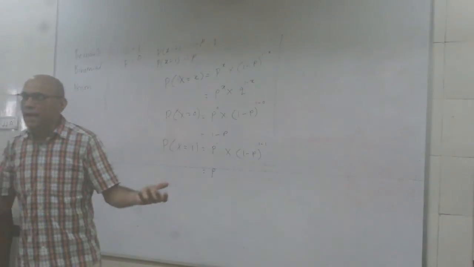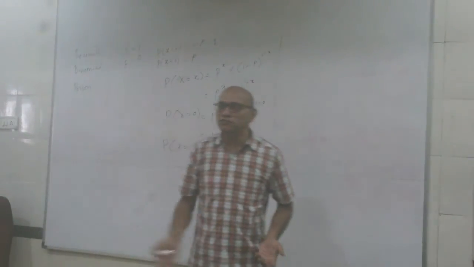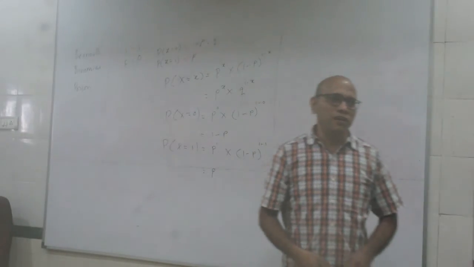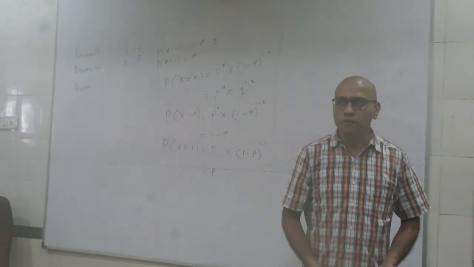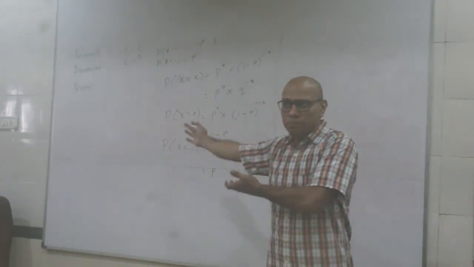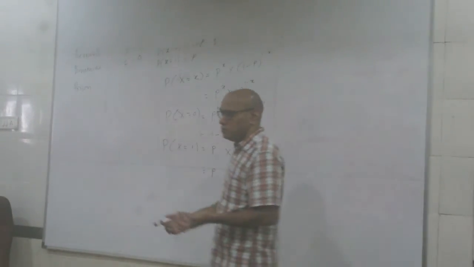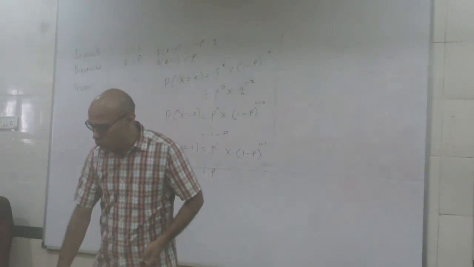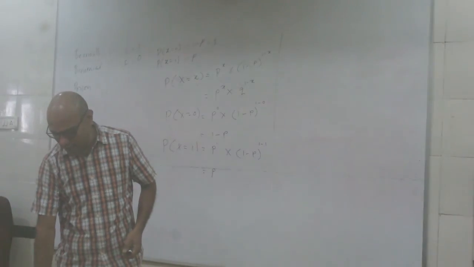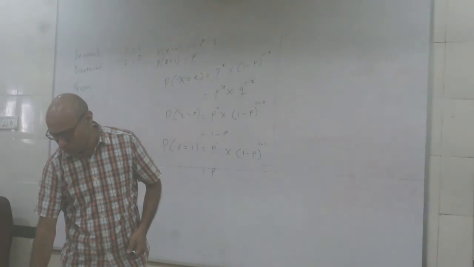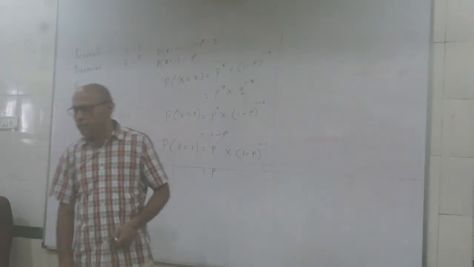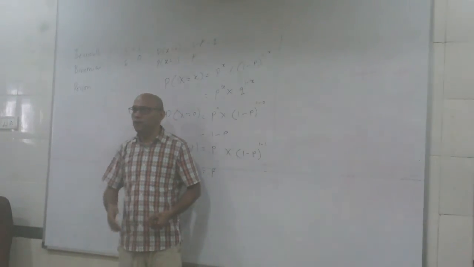So this random variable, whether you catch the train or you don't catch the train, follows Bernoulli. Because either you will be in the train, so I call it success, or you will not be in the train, I call it failure.